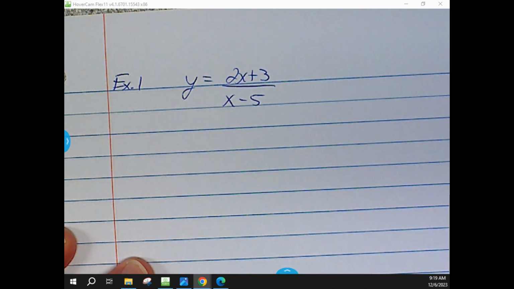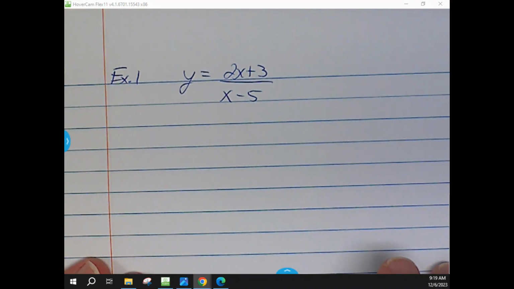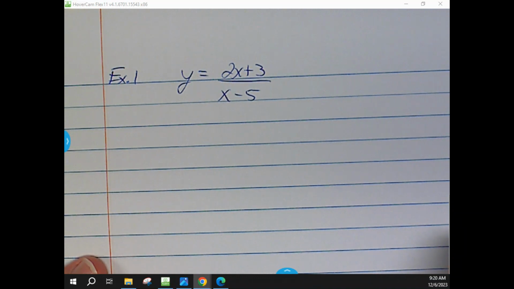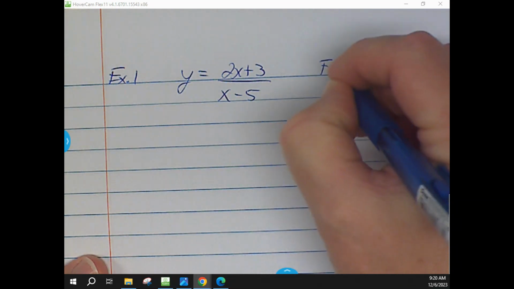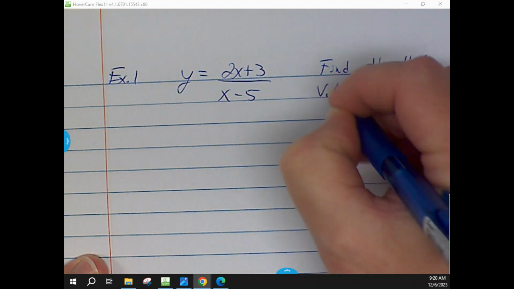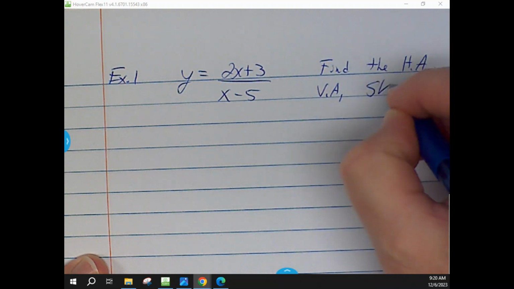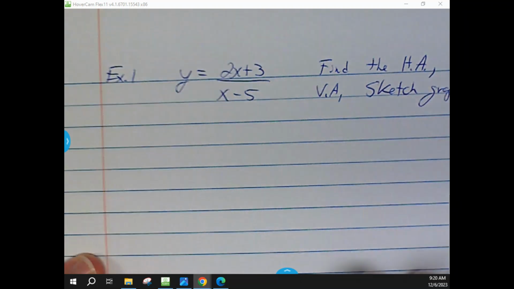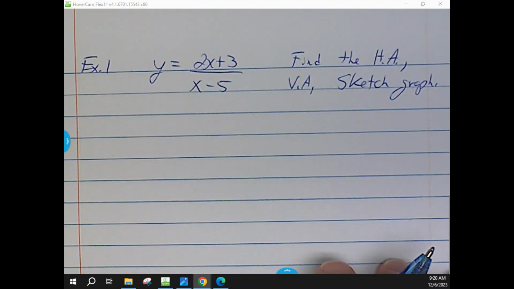Okay, so we've got y equals 2x plus 3 over x minus 5. We're going to find the horizontal asymptote, the vertical asymptote, and sketch the graph. And we may throw in some domain and range as a bonus, just to see what we've got.